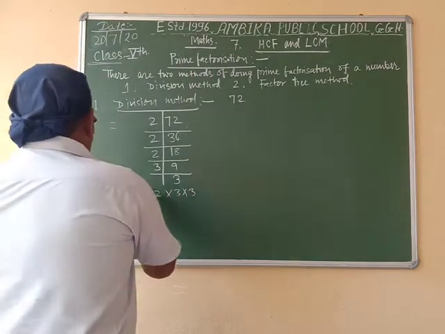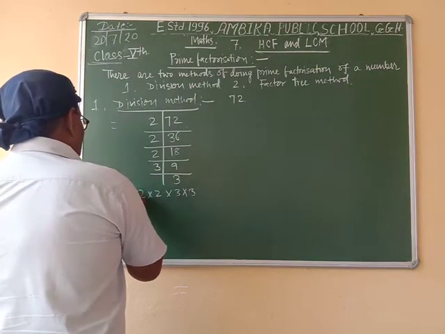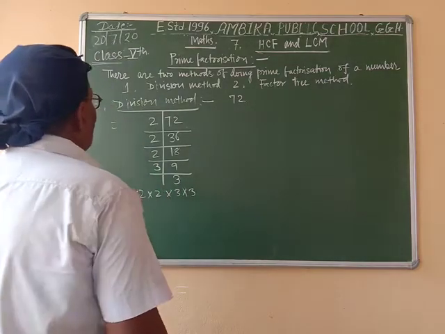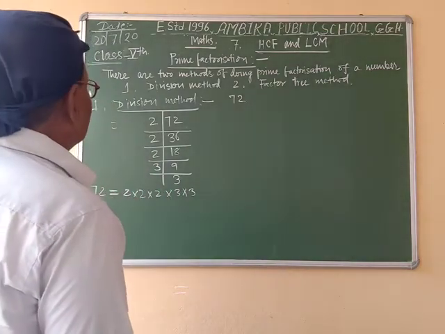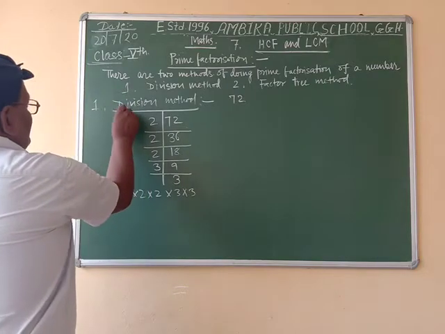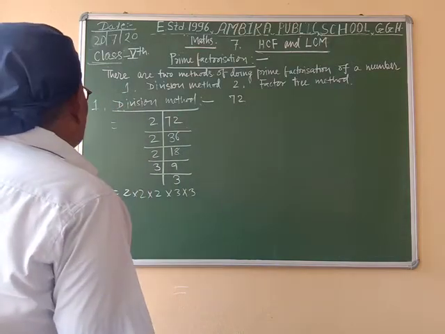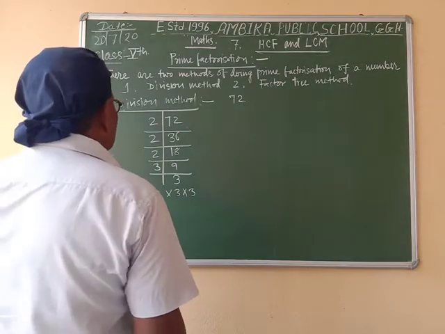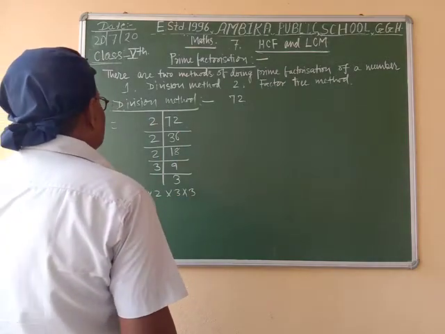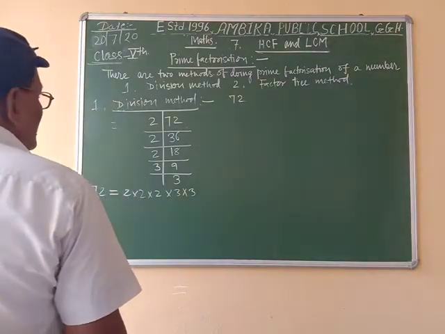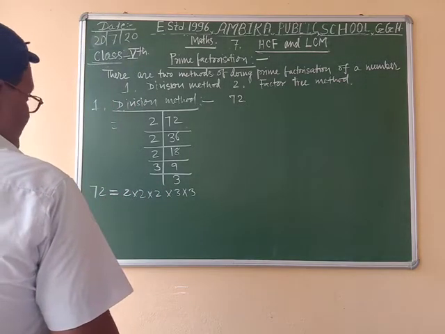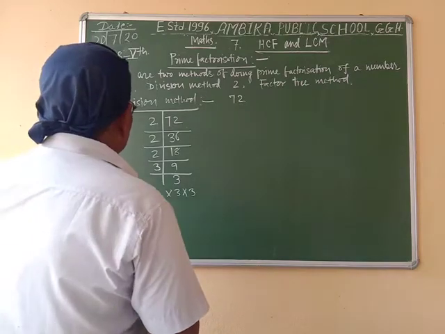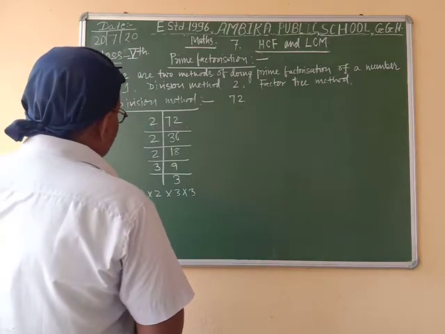If a number is written as a product of prime factors, then this method is called prime factorization method. By division method, we first divide 72 by the lowest prime factor. If we divide 72 by 2, we get 36 as quotient.